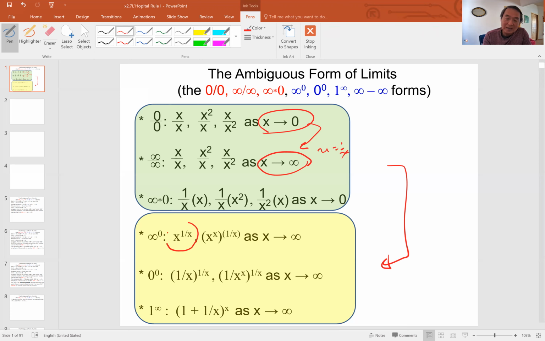We'll see these when we see 1 over x power, as x goes to infinity, so this goes to 0, so the powers we think about are like 1/2, 1/3, 1/4. So actually, these are asking to take roots.